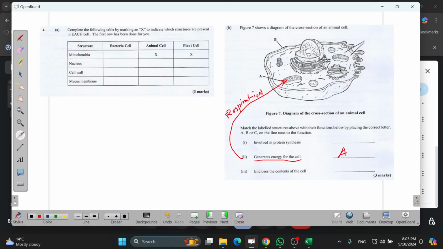And B. Let's see which of these encloses the contents of the cell. Well, yes, because that is the membrane, isn't it? So that will be B. This one here encloses the contents of the cell.